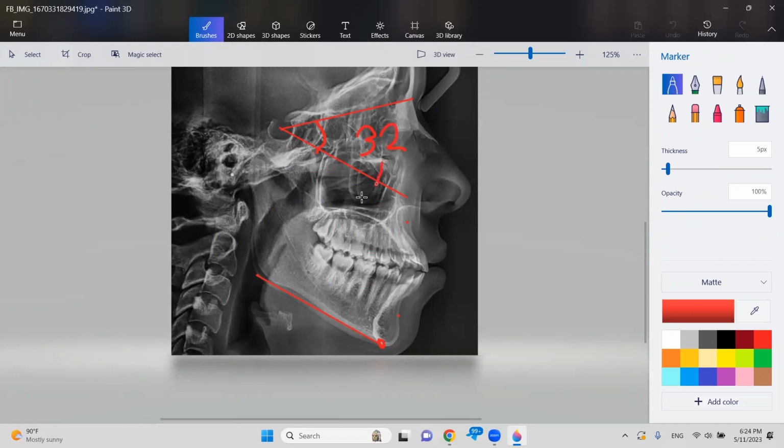More than 32, that means that the mandible is clockwise rotated, and we see a long face or dolicho face. Less than 32, that means that the mandible is counterclockwise rotated, and we have a short face or brachy face. And in normal range, this angle should be 32 degrees in meso face types and normal face length.